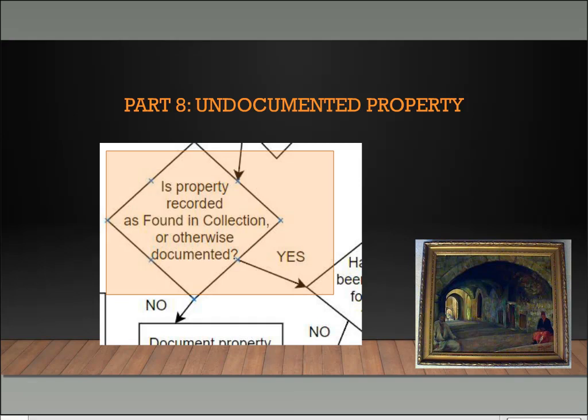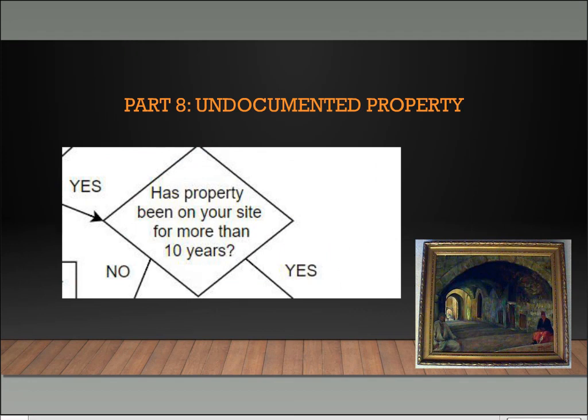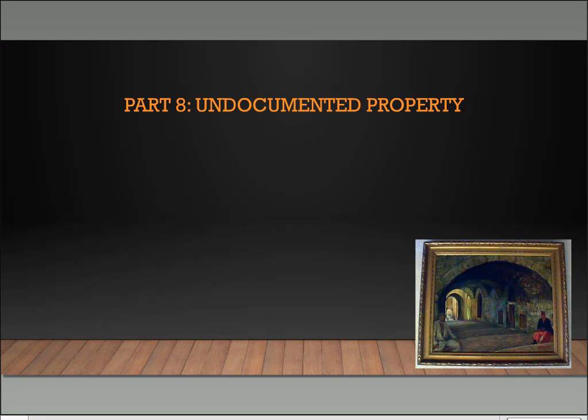Yes, because we have an accession number, we have some kind of database record, maybe this painting has a file. We know it's been around since 1982. And that's really what this documentation question is asking. Has this property been on your site for more than 10 years? Well, we know it's been here since 1982, and it's well after 1992, so yes, it's been on our site for more than 10 years.